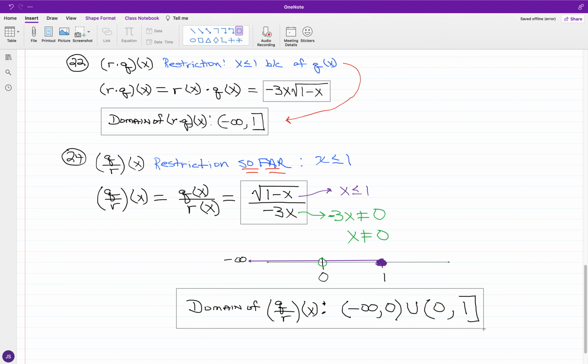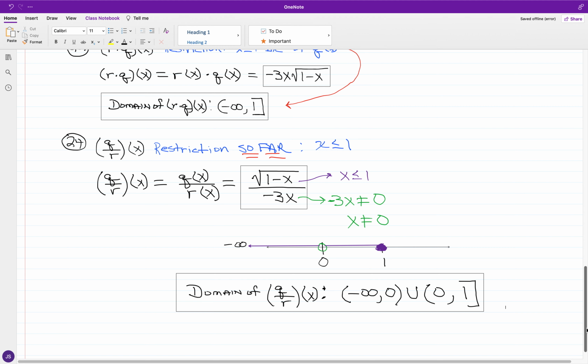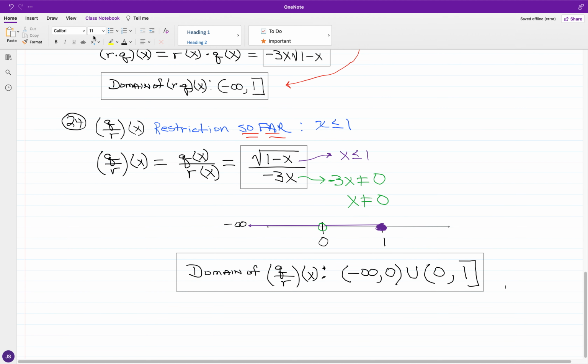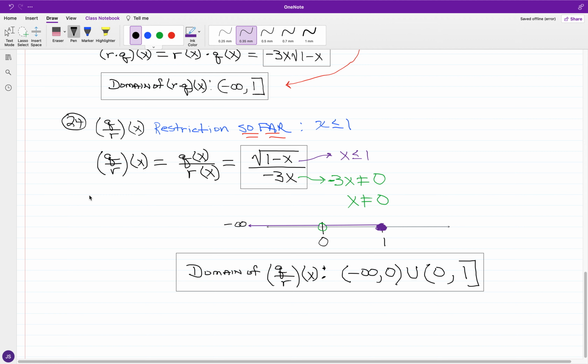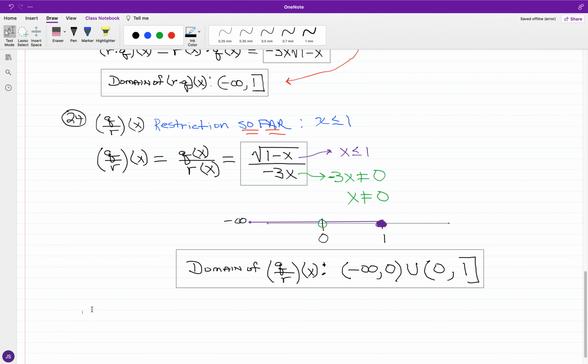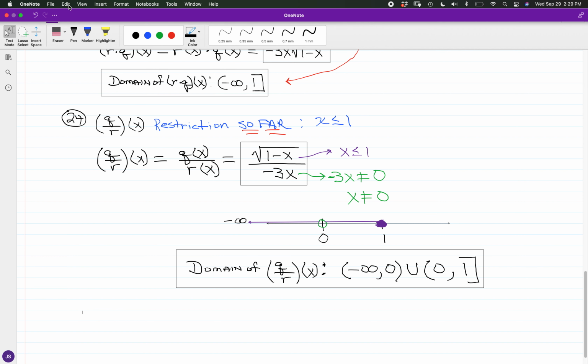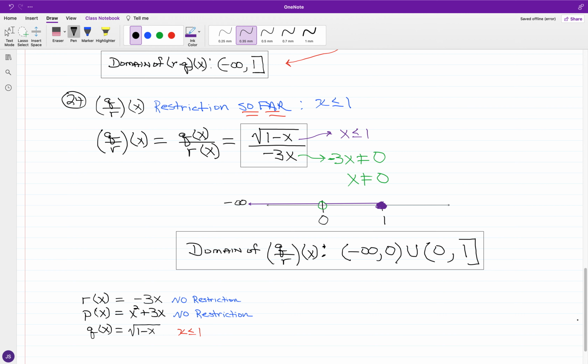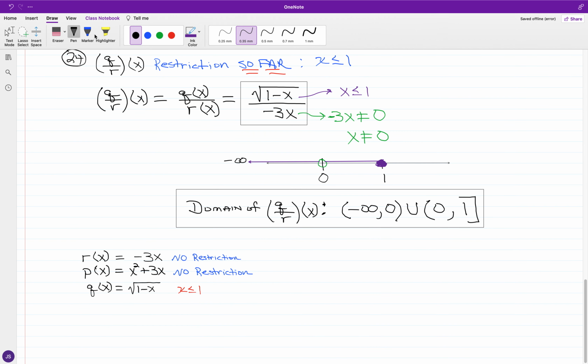Right. Now, for what we have in the case of 26, we have a role reversal in terms of what is in the numerator and what is in the denominator. And we have here, we're working with r over q of x.